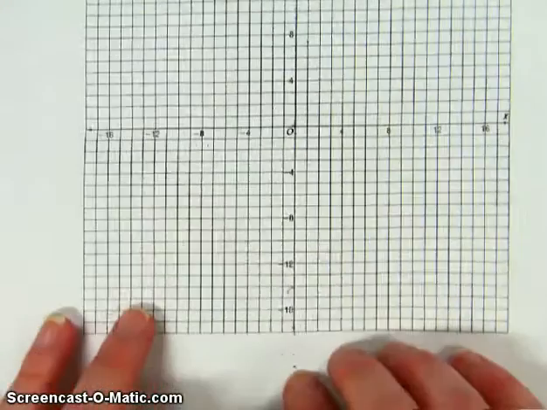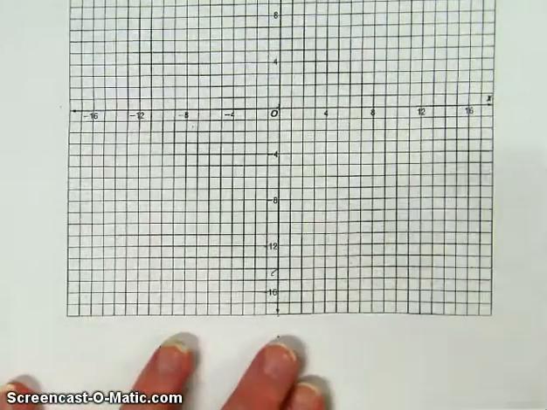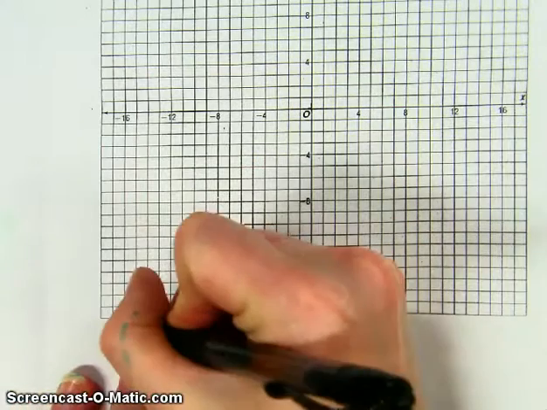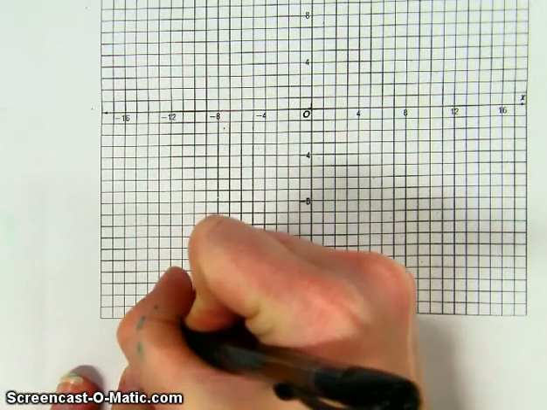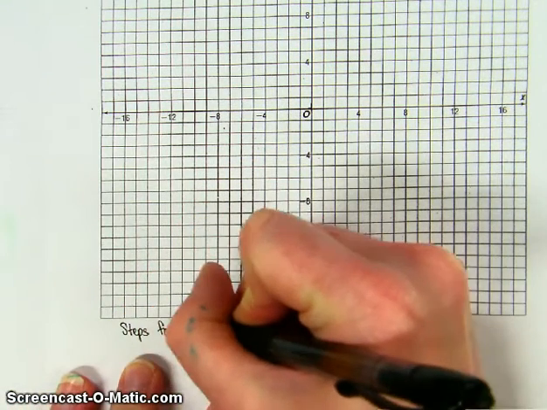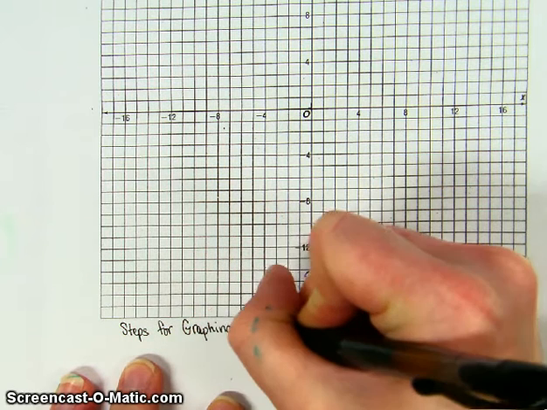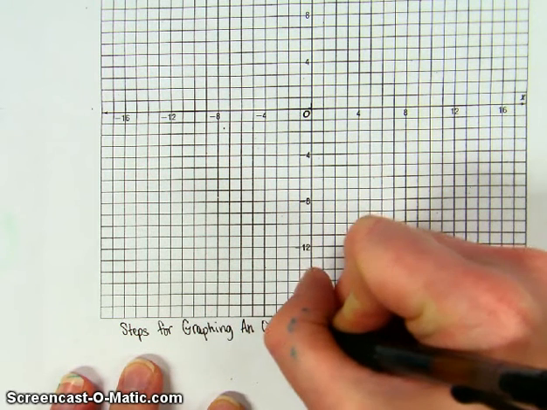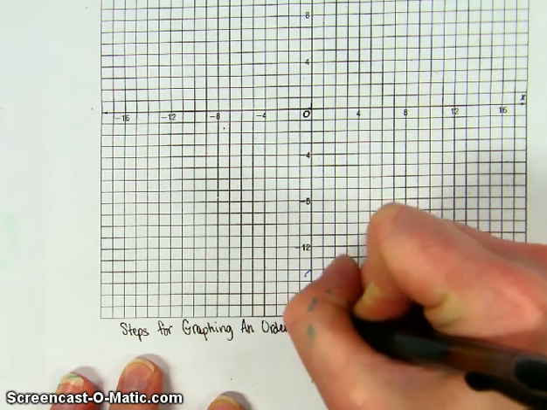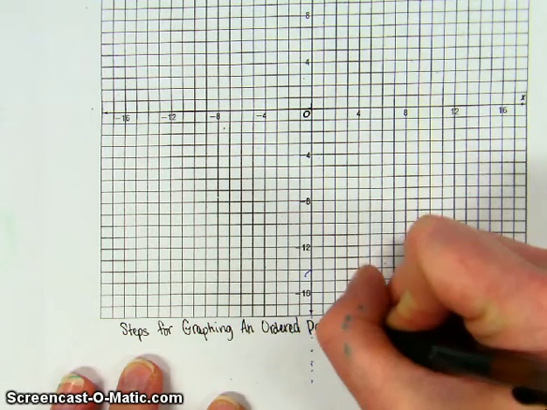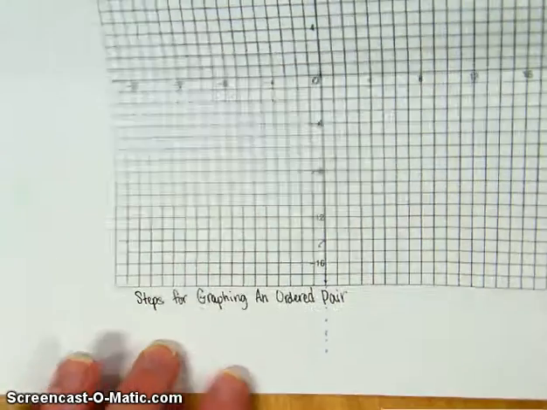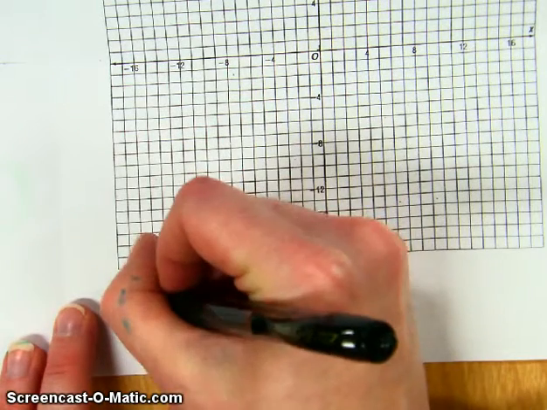So our steps for graphing an ordered pair. First things first, you always start at the origin.